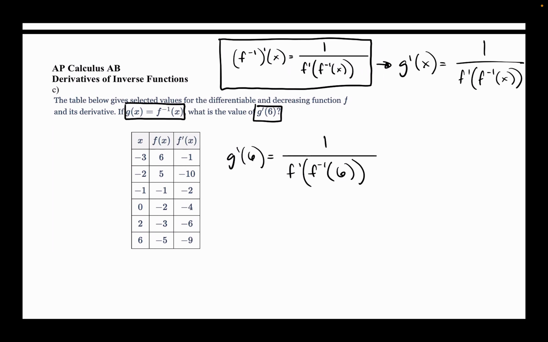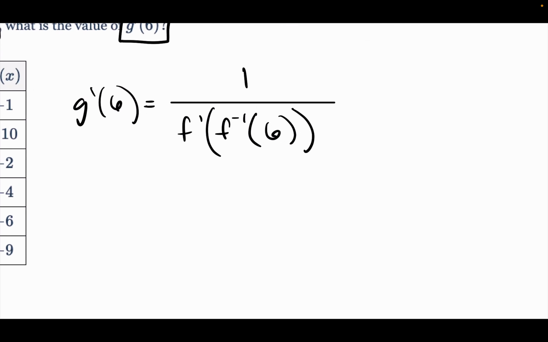Okay, that's the first step. Now start solving this guy. Well, we start on the inside. So the first thing I got to do is find that guy.